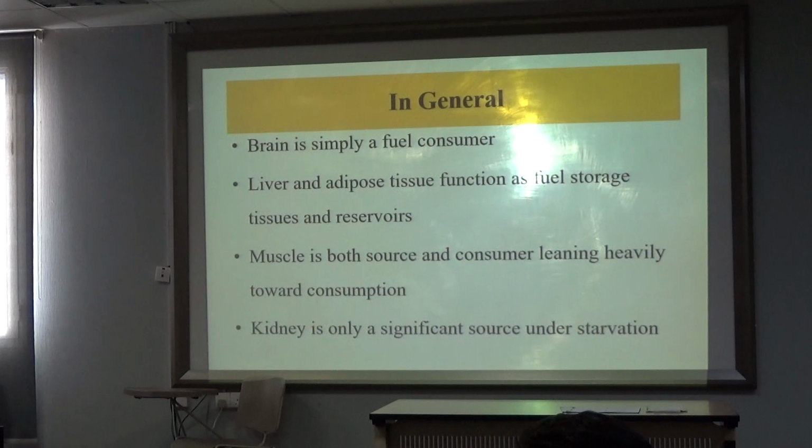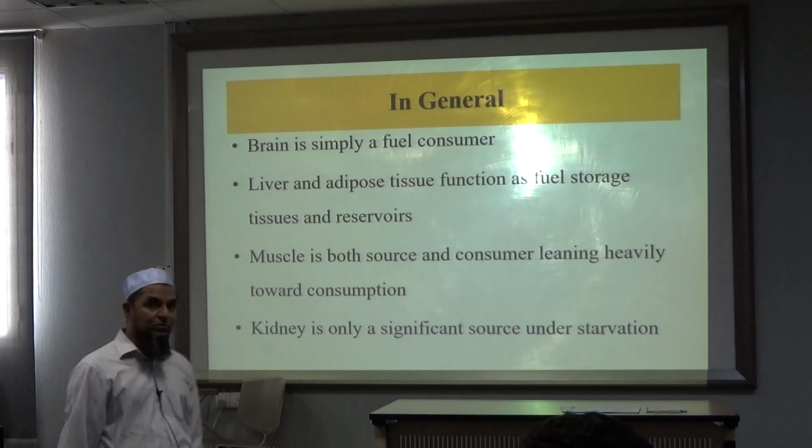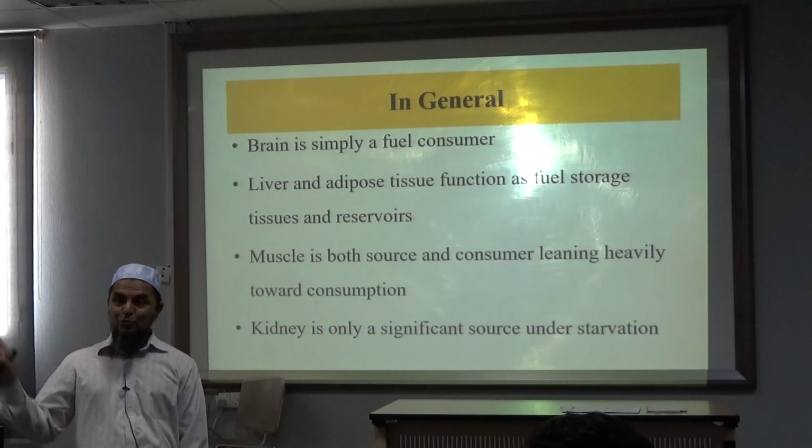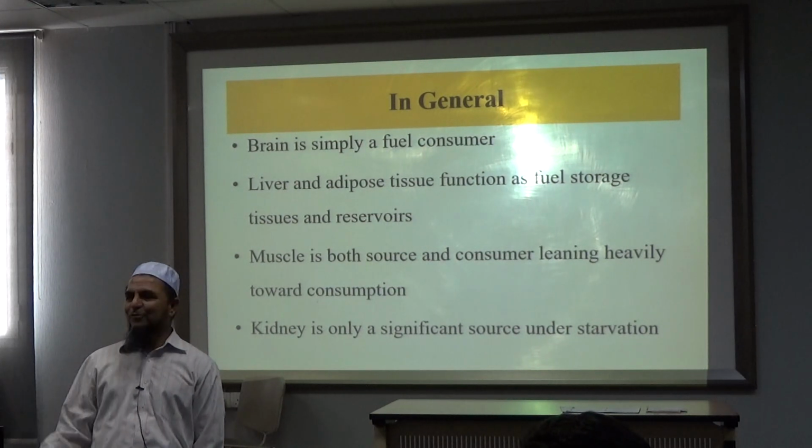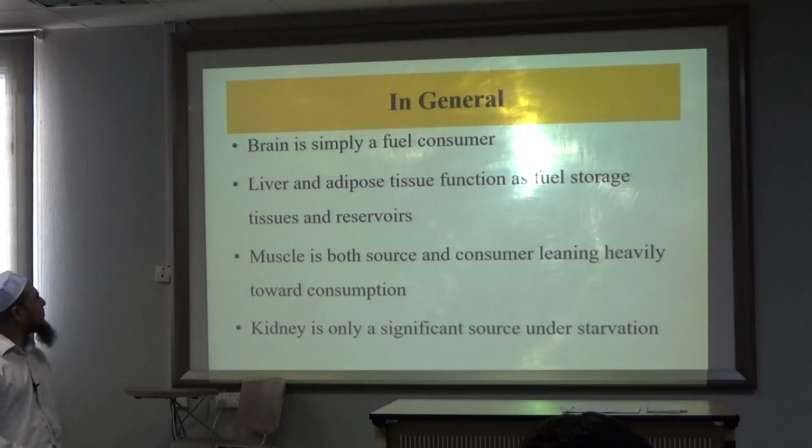We call it in technical words a white elephant. A white elephant is something which is just consuming, like a friend who is always eating from you, never takes you to Burger Fuel, always goes with you and takes everything from you. So this is the brain.